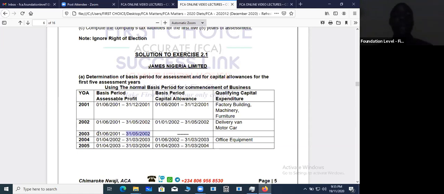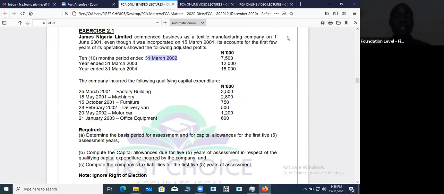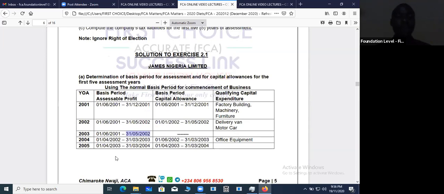What happened? If March is 1, 2001, that would have been correct. But the problem here is the business has not started in April. The business started on 1st of June. And so that analysis cannot work. So you cannot get 12 full months in year 3.